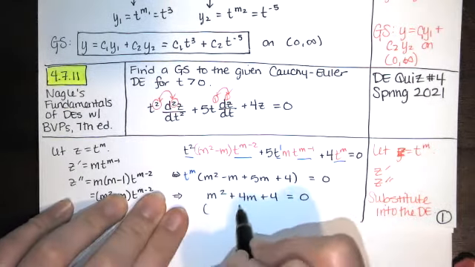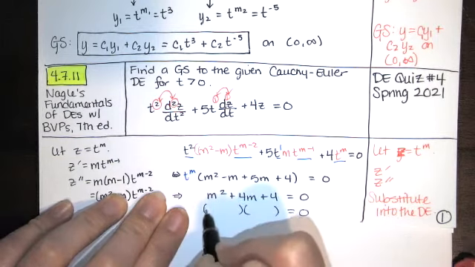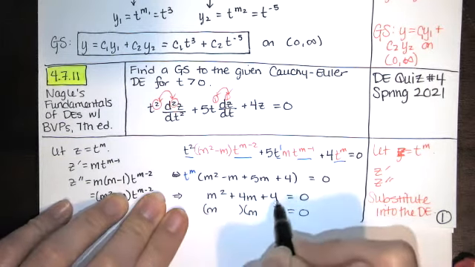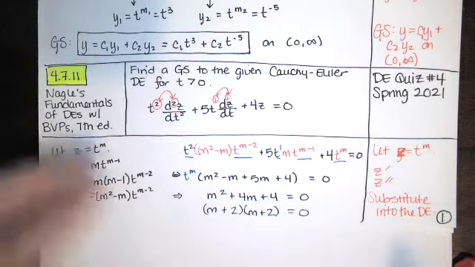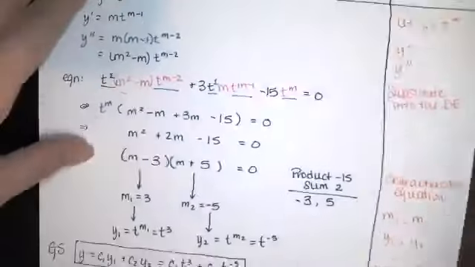Well, that's actually really easy to find, this factors this way. I need two numbers that multiply to give me 4 that add to 4. Positive 2 and positive 2 work. So we actually have a repeated root.